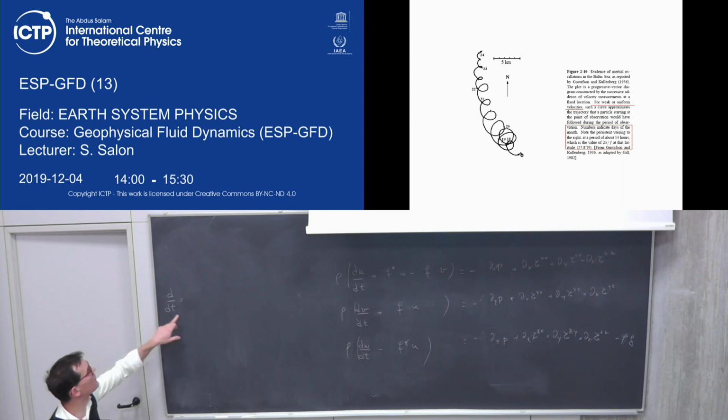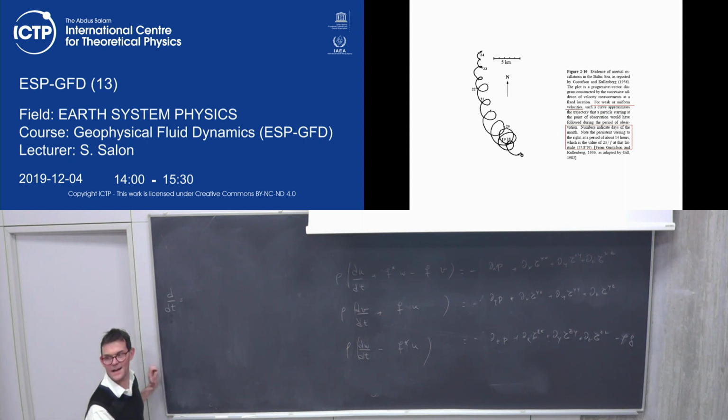So how we used to write this? d dt plus u vector dot gradient. You said one very important thing: you have to write the advection. Advection, that's right.